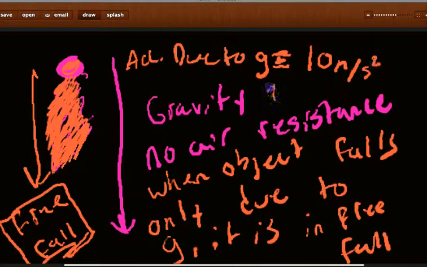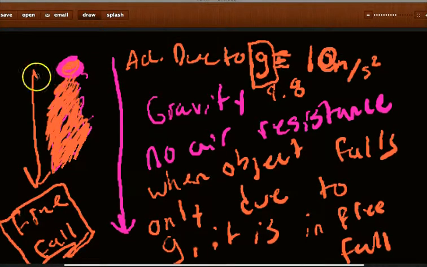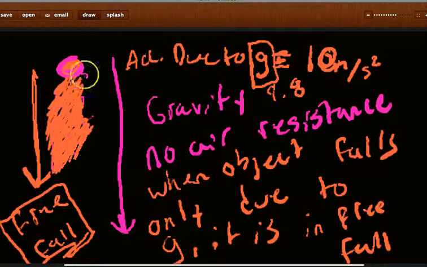Technically it's 9.8, but for our purposes we're using 10. So this guy's going to be accelerating at 10 meters per second squared throughout his whole flight because he's in free fall. If he were to hit a gust of wind, his acceleration would change, but that's not the case here.